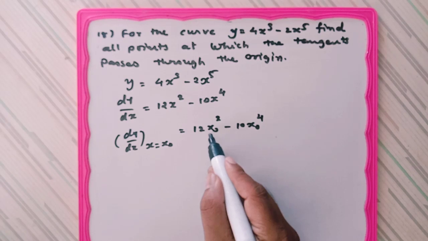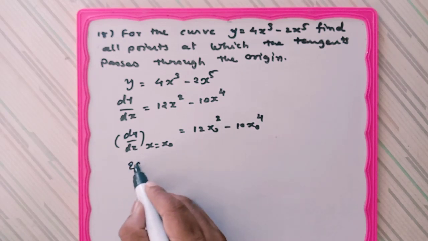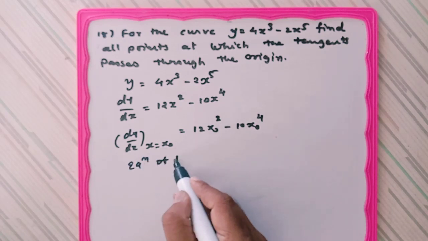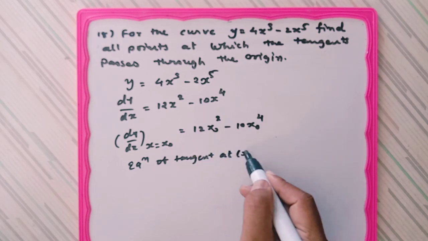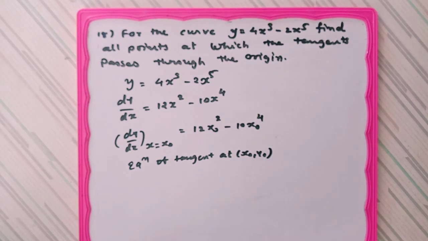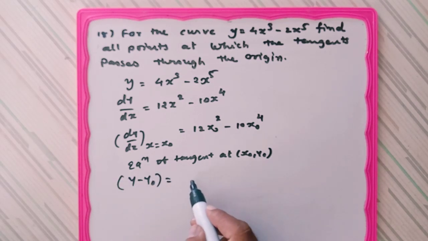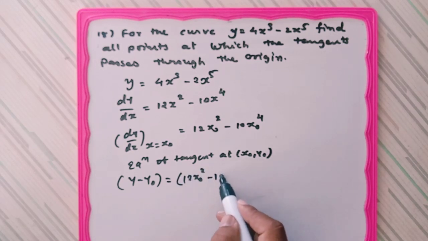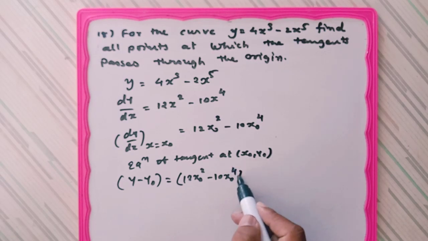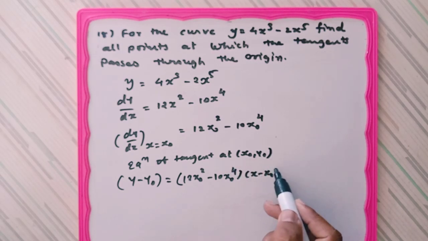And so the equation of the tangent at (x0, y0) will be y minus y0 equals 12x0 square minus 10x0 raised to 4, into x minus x0.